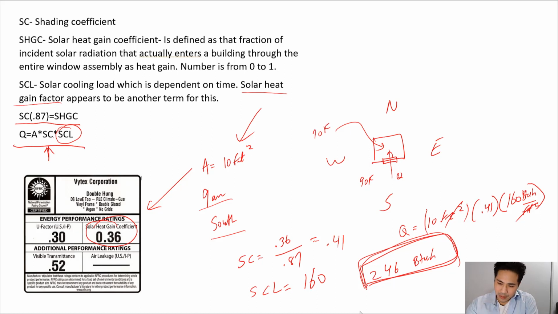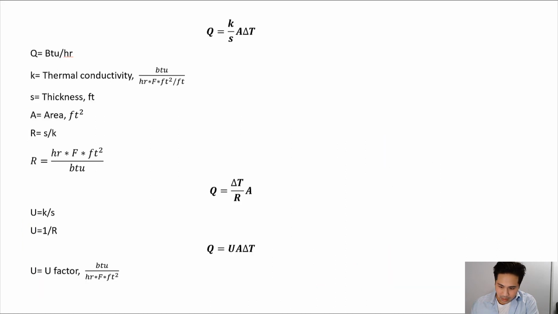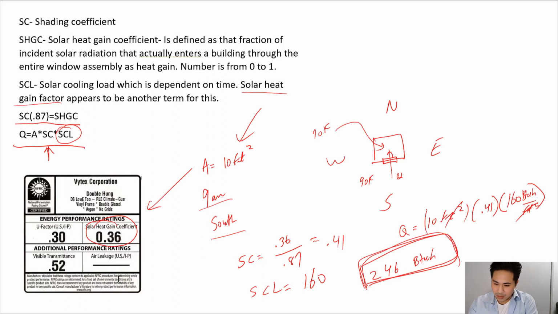So if you remember, the formula for conduction is Q is equal to UA delta T. So going back to this example, Q is equal to UA delta T, where U is right here for the window, 0.3. The area will be the 10 square feet, and delta T will be the 90 minus 70 F.